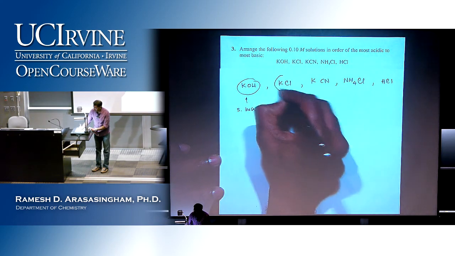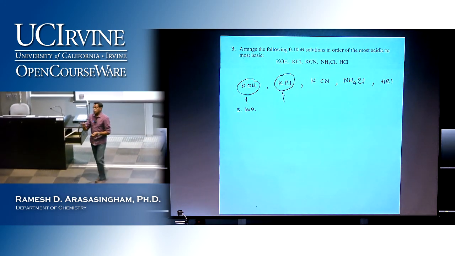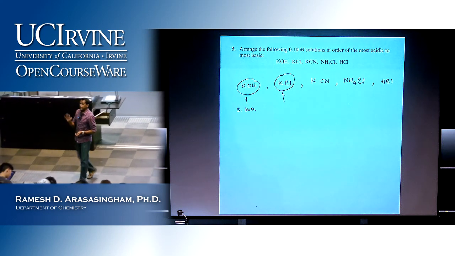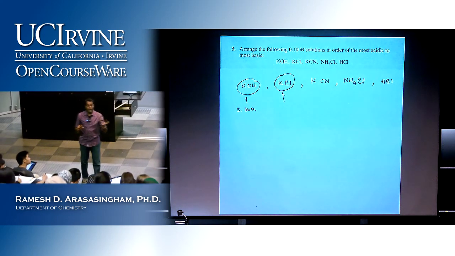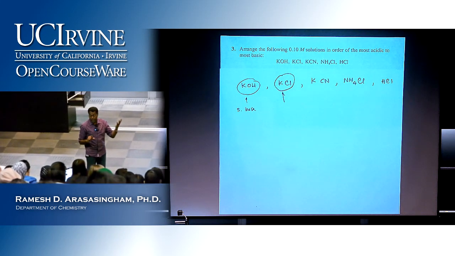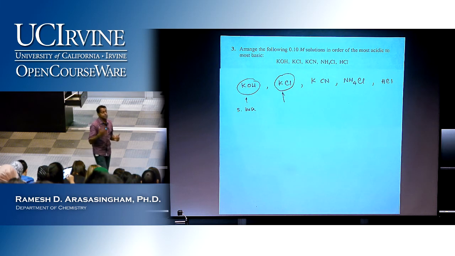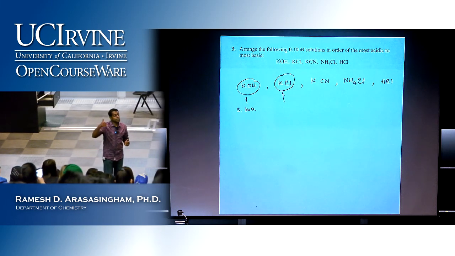Now let's look at this one. It's got K plus. All right? So all of these, you can look at the salts first, and this is a salt again. Potassium plus, it's a neutral salt. It's a neutral cation. Does that make sense to everybody? Because it's group 1. Now turn to Cl minus, the counter ion. Cl minus is strong or weak?